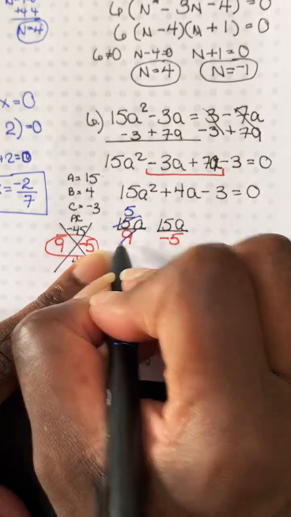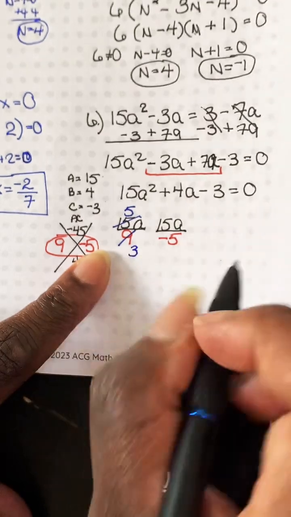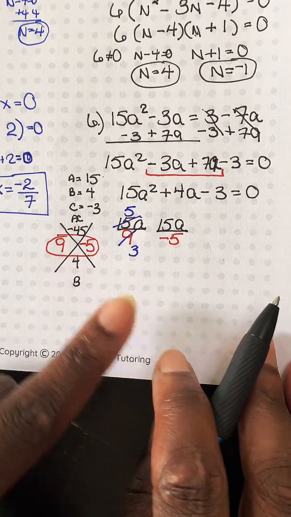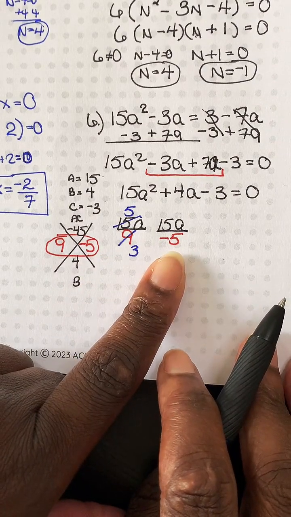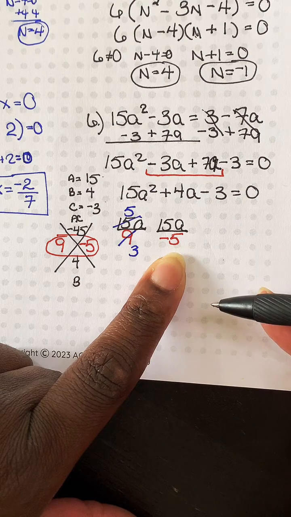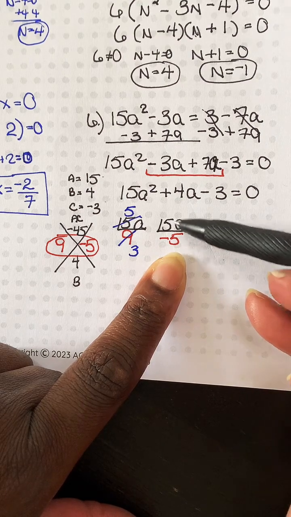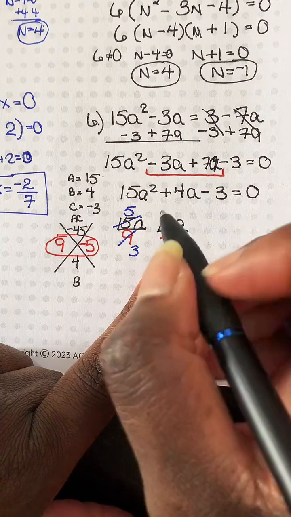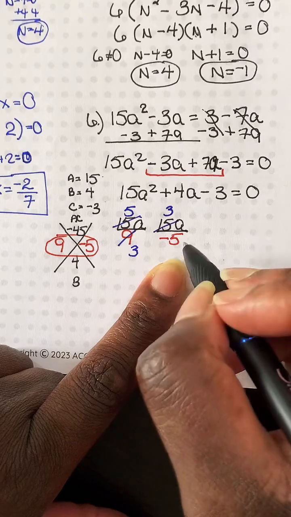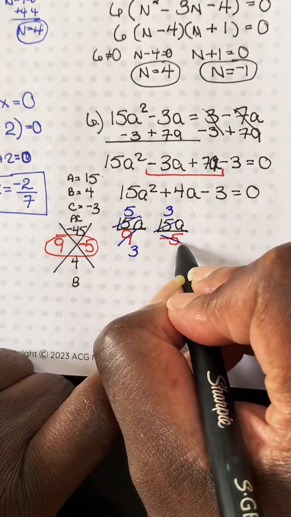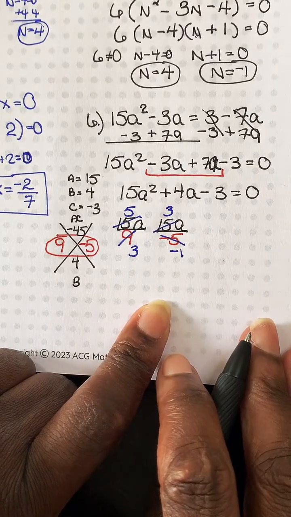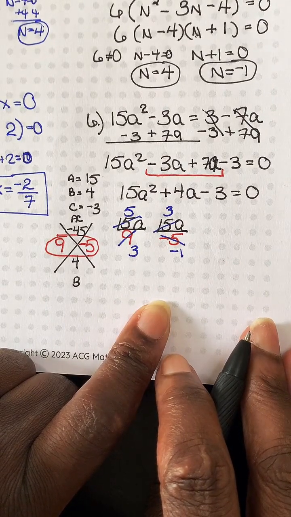And 9 divided by 3 will give me a 3. For the other side, we have 15a divided by negative 5. What they have in common is 5. So 15 divided by 5 will give me 3. And negative 5 divided by 5, that'll give me a negative 1. Okay, good.